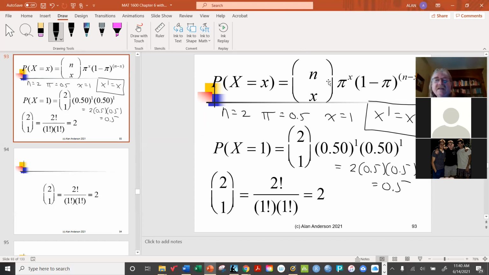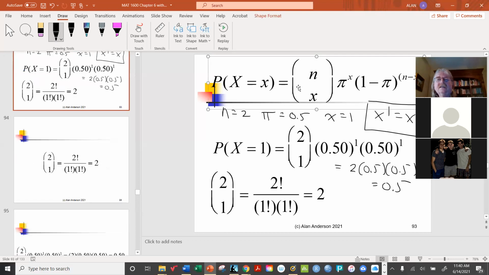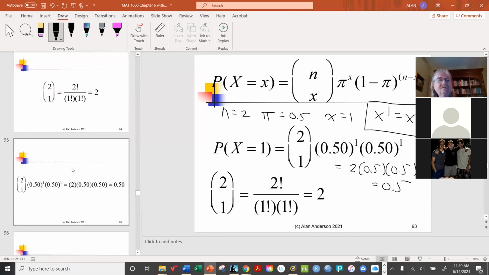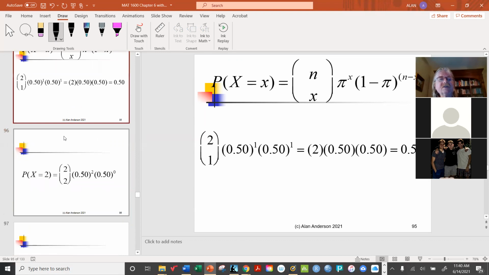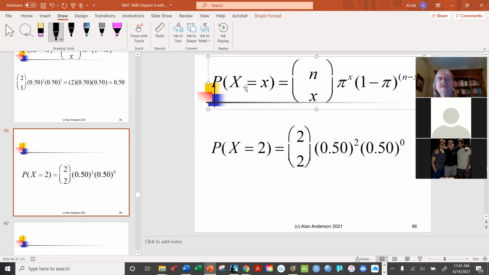All right, well, you know what's coming next, the probability that x equals 2. Let's check that out. All right, let's move this down here. And so here, oh wait, sorry, that's the wrong one. That's the same one we just did. Here we go. So now we continue to have n equals 2. This never changes.